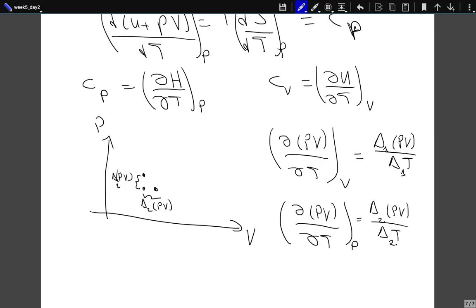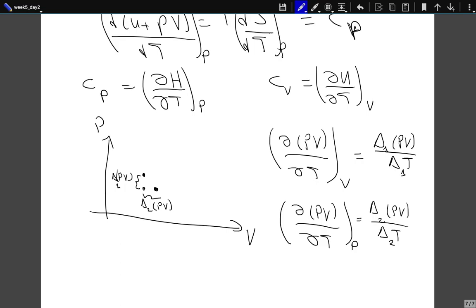They are on the same isothermal line. I don't know. Why should they be the same? You see, they have the same temperature. If you are integrating over the same temperature in the constant volume and constant pressure case, they should be on an isothermal line. I don't see why.